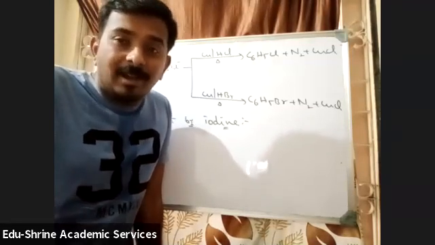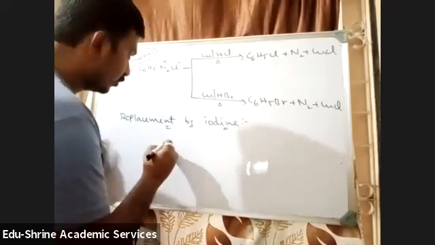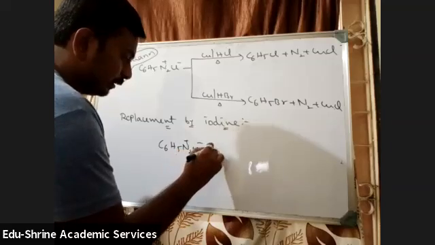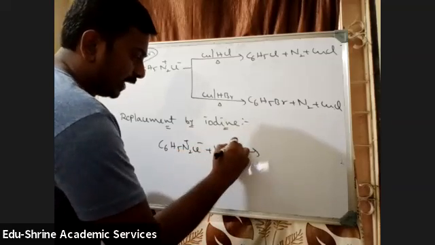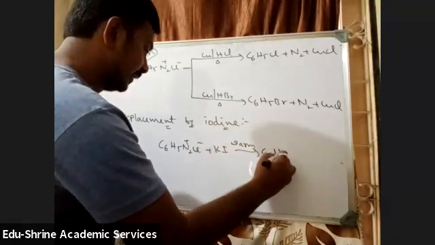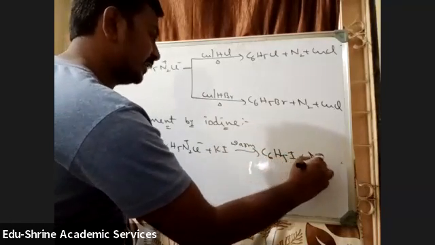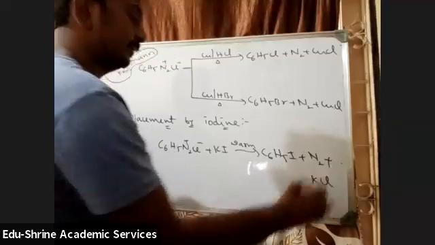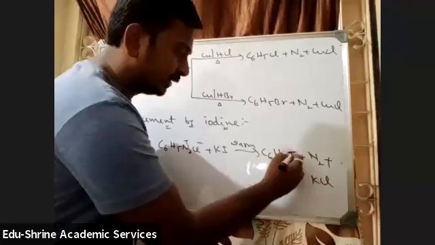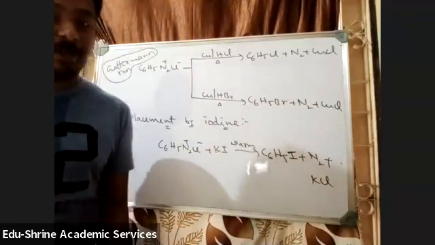Yes, KI under warm conditions. Very good. By reacting benzene diazonium chloride with KI under warm conditions, we get C6H5I plus N2 plus KCl. This is replacement by iodine.